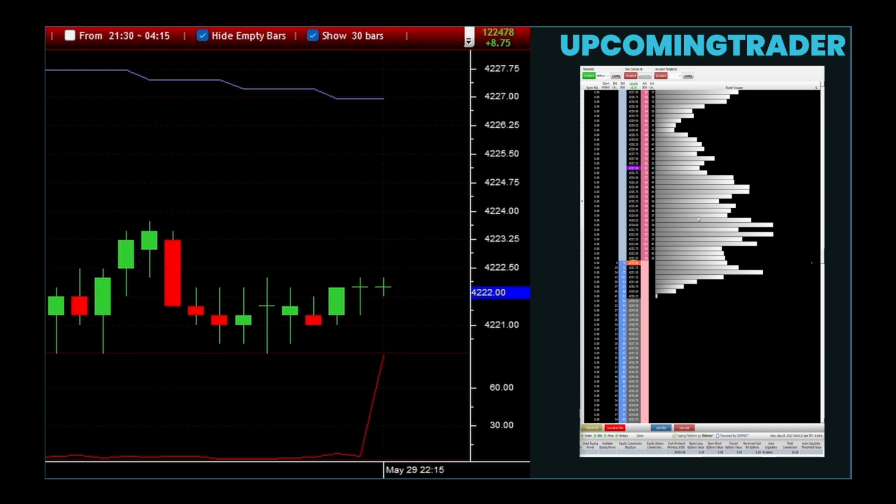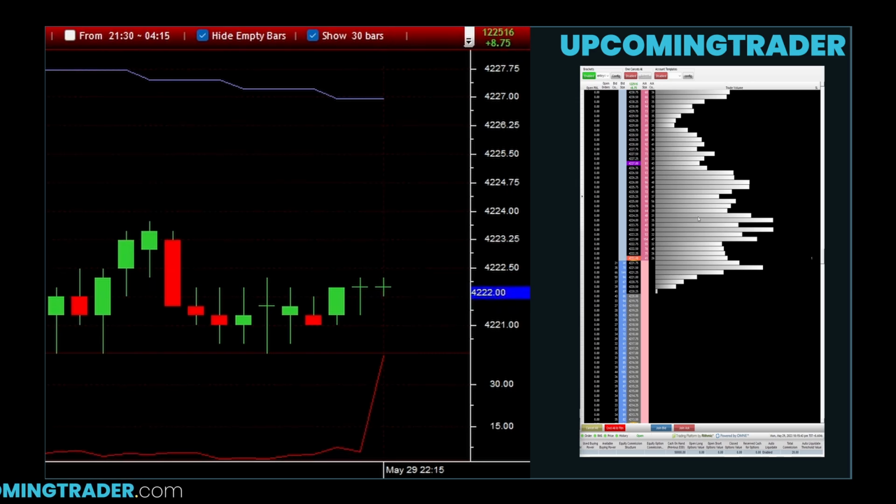Now, let us dig into how TPO charts work. The basics of the TPO chart start with something called TPO blocks. Each TPO block is typically shown as a letter or a symbol, and each of those stands for a specific time period. Most often, this period is 30 minutes long.